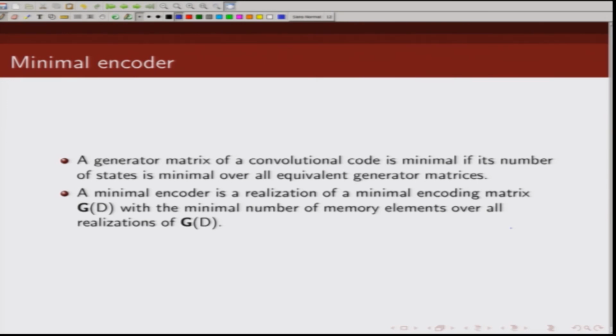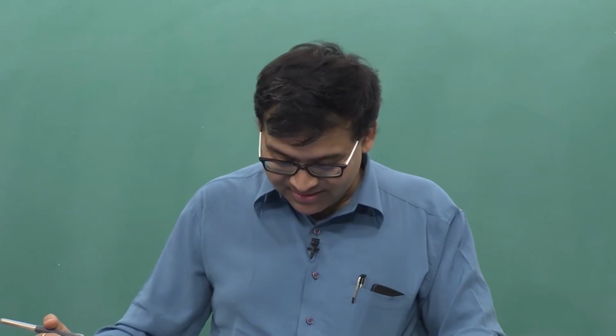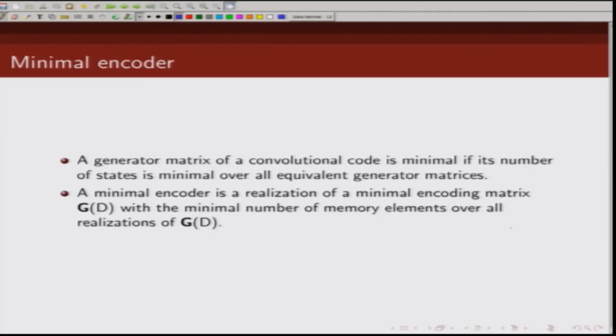So we define a minimal encoder as the minimal realization of a minimal encoding matrix.